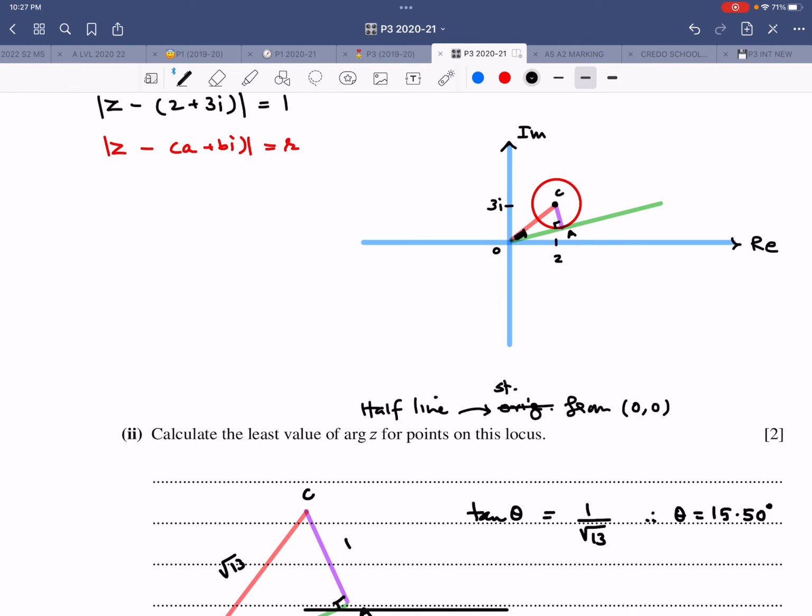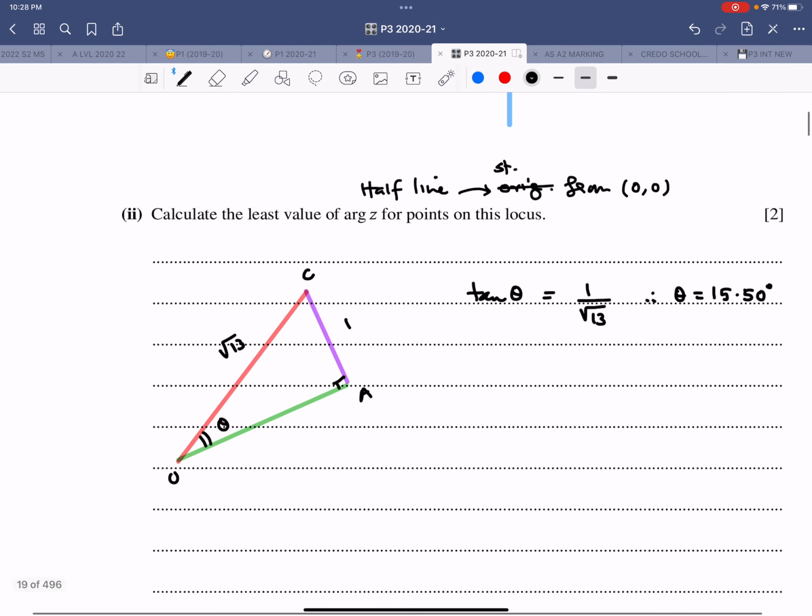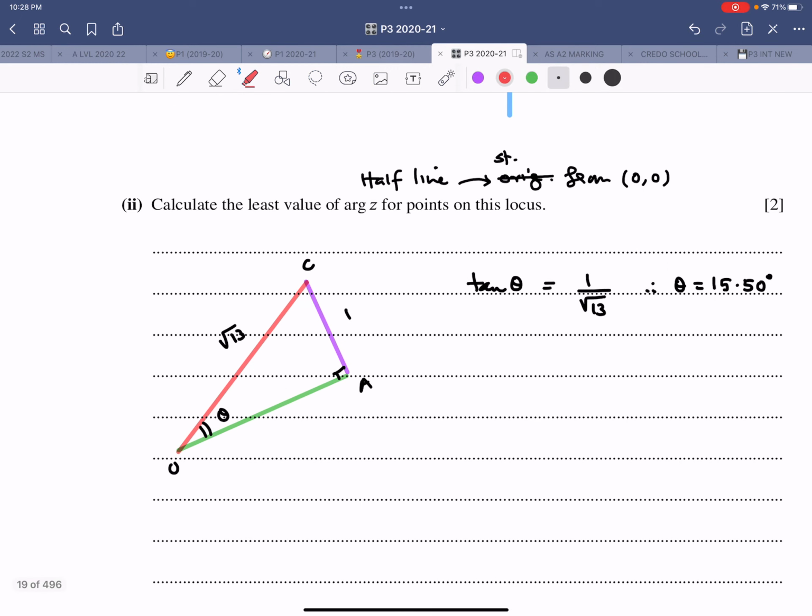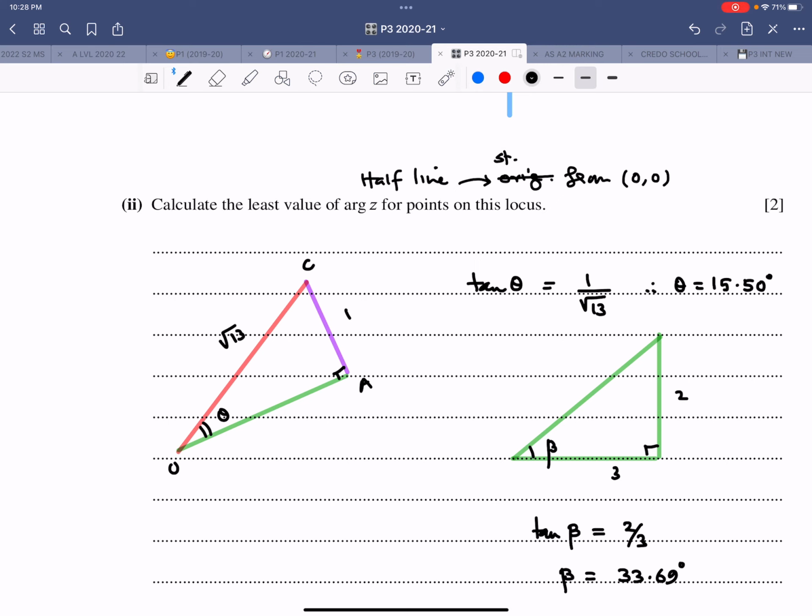Now if I focus on (2, 3) itself, let me focus on the other triangle, like this and like this. This is the 2 and the 3, and this angle, let me call it beta. So tangent of beta is 2 over 3, therefore beta is, 2 divided by 3, then tan inverse, that is 33.69 degrees. That is this angle.